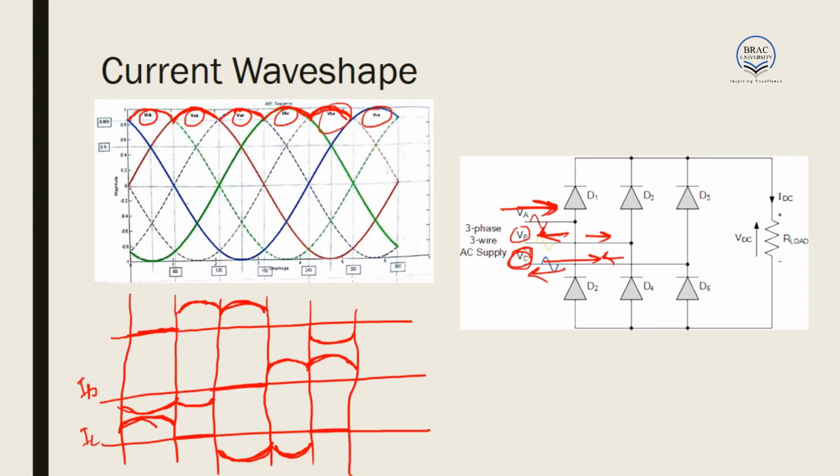In the next we have VCA, so we again have a positive current through C for the next 60 degree and a negative current through A.